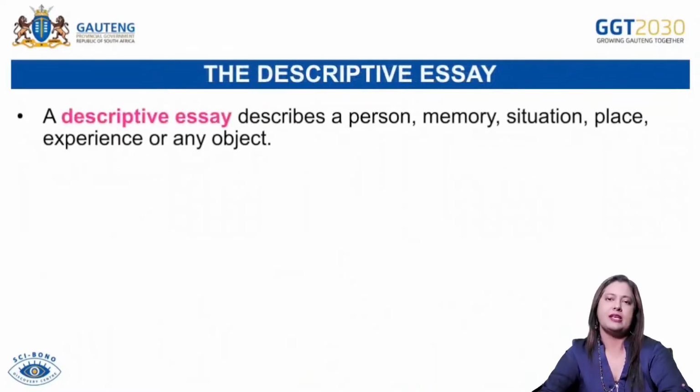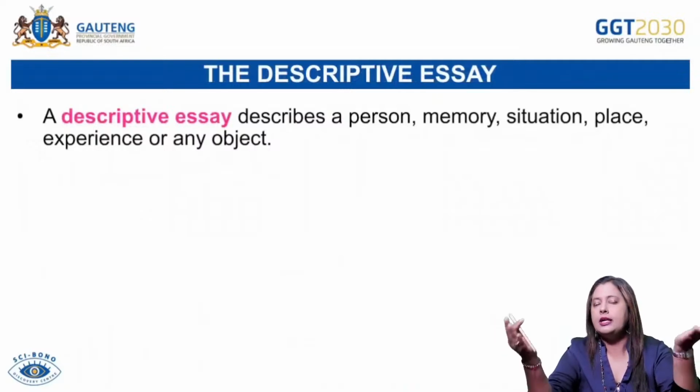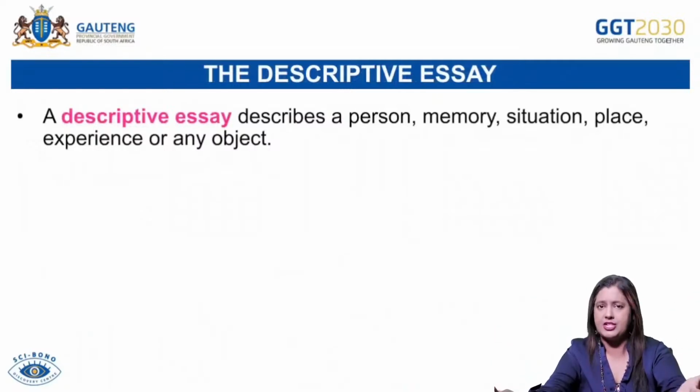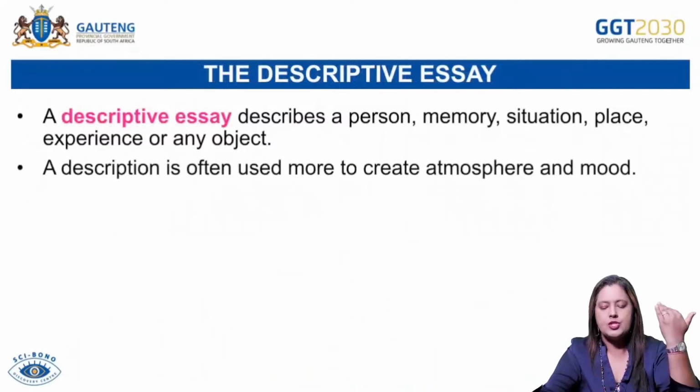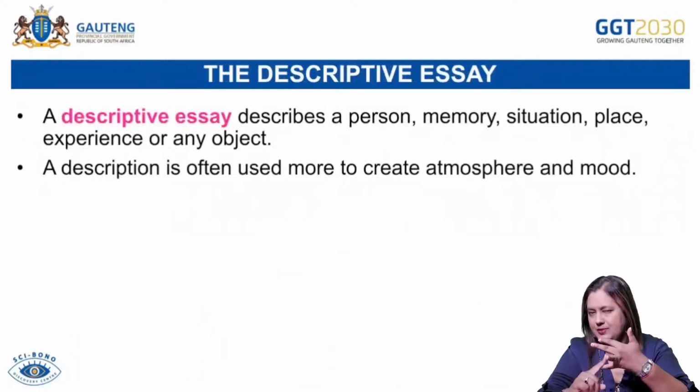Now, the next type of essay, the descriptive essay, is the one where you get to describe a person, a memory perhaps, a situation that happened in your life or someone else's life, or again, a created situation. So here, it's very much the use of adjectives to describe something. Here we're also looking at aspects of mood or atmosphere.